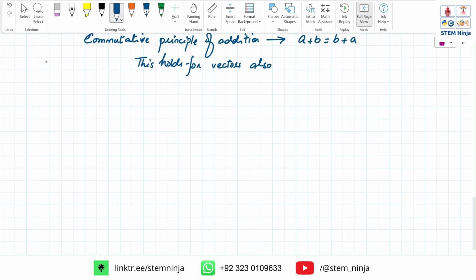So for example, let's say we have two vectors. Let's say we have one vector this, and let's say we have another vector this. And we want to check whether a plus b is equal to b plus a or not.